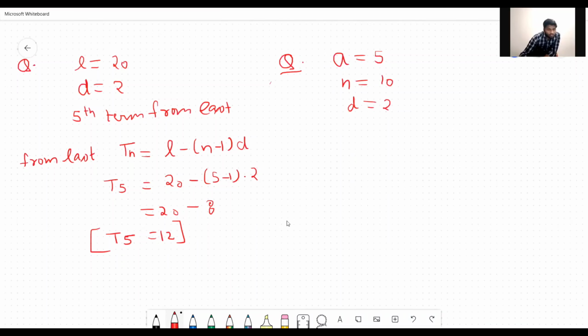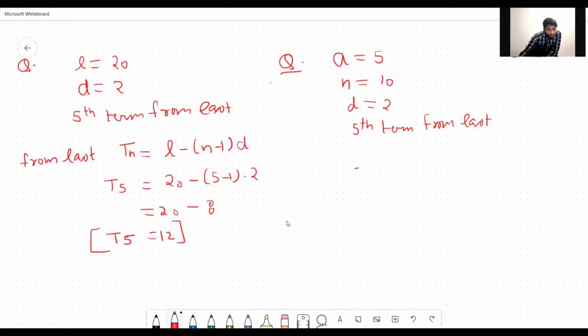Common difference is 2. Find out the fifth term from last. We have to find out the fifth term from last, but we are not given the value of last term. So firstly, we have to find out the value of last term.